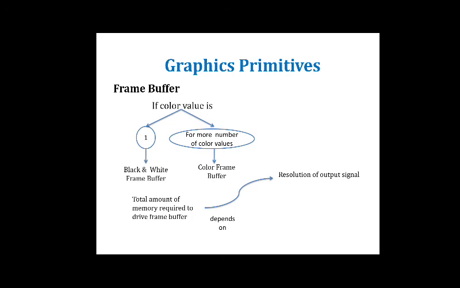But how much memory is required to drive, that is to use, that frame buffer? It totally depends on the resolution of your output signal and on the color depth size. What is the color depth size? Whatever I have explained here, the 1 bit, 4 bit, 8 bit, 16 bit, 24 bit color values, that is your output signal resolution.